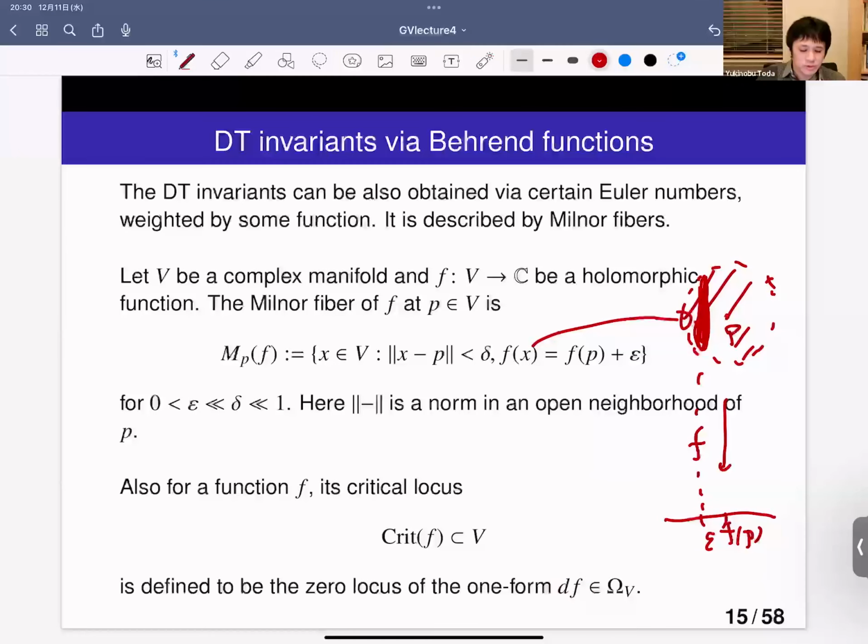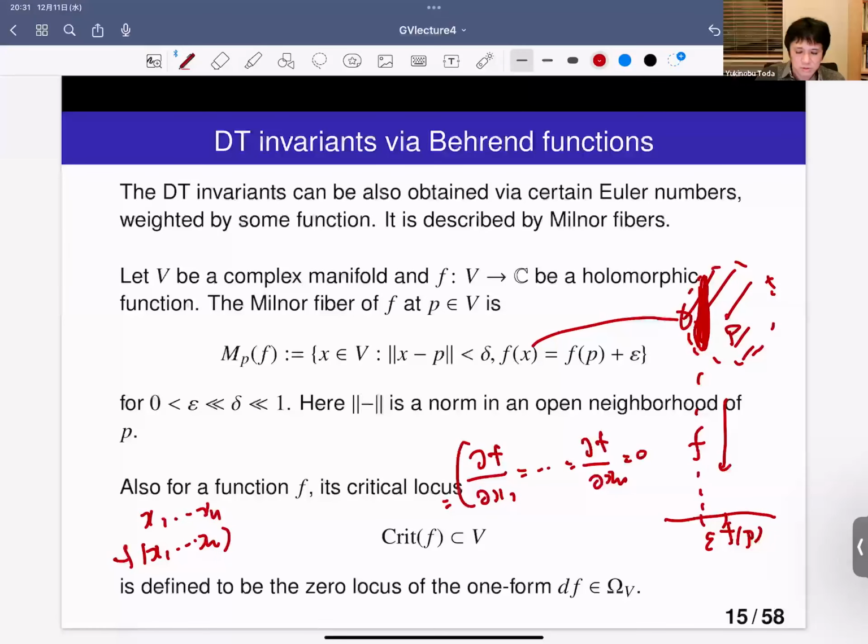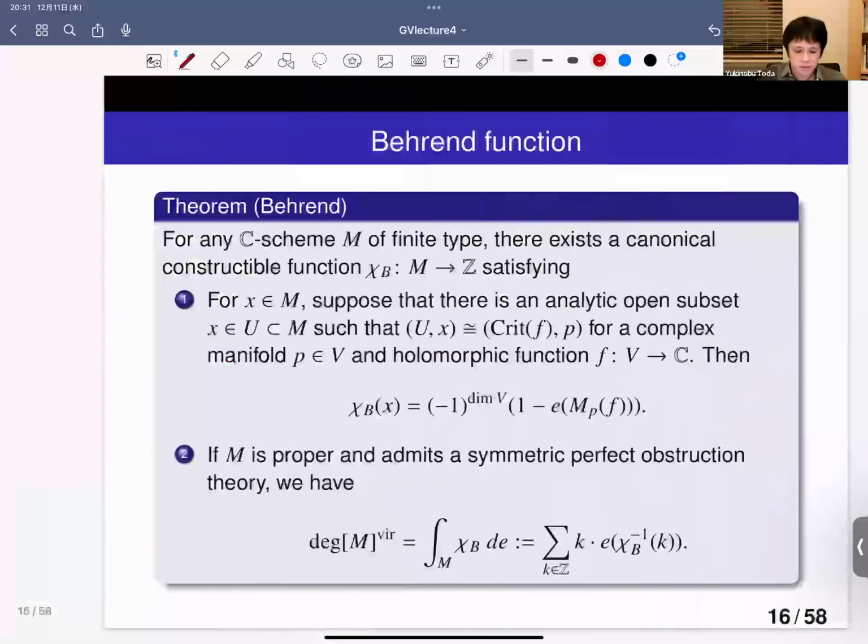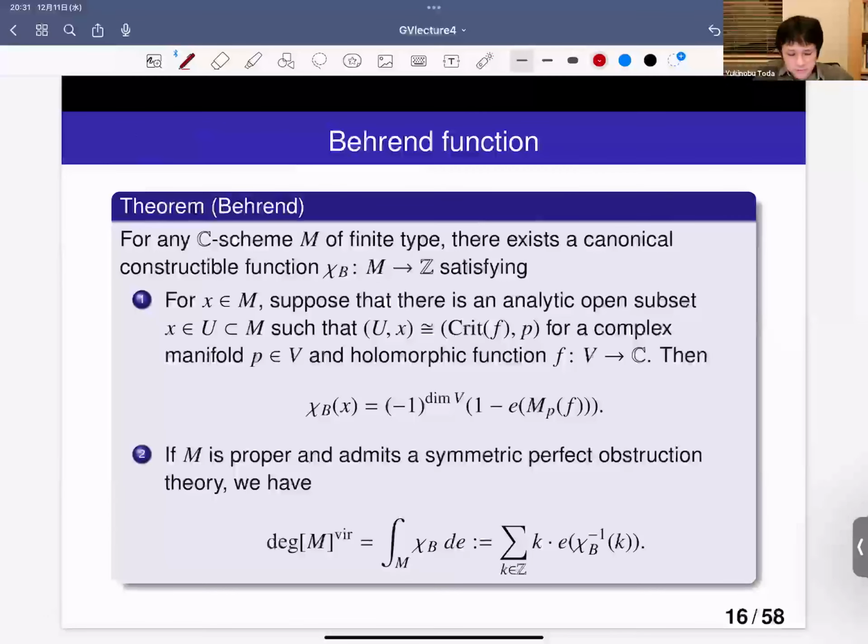Another way to say is that if you are given coordinates x1 to xn, so that the function is given this way, then the critical locus is given by the locus of these derivatives.